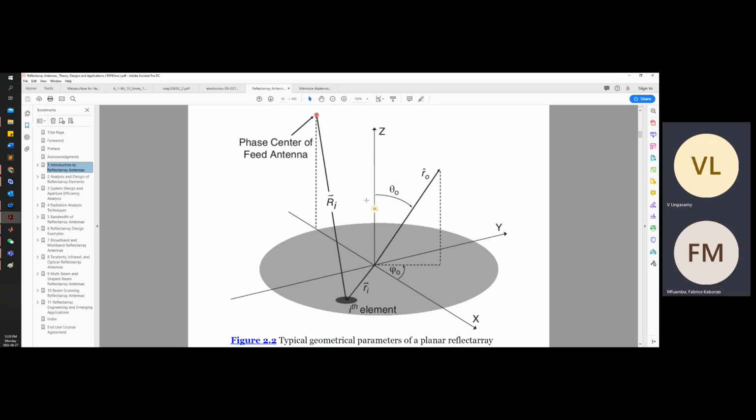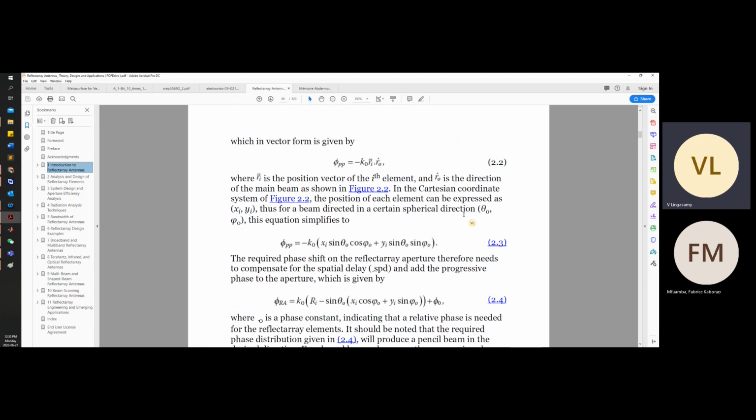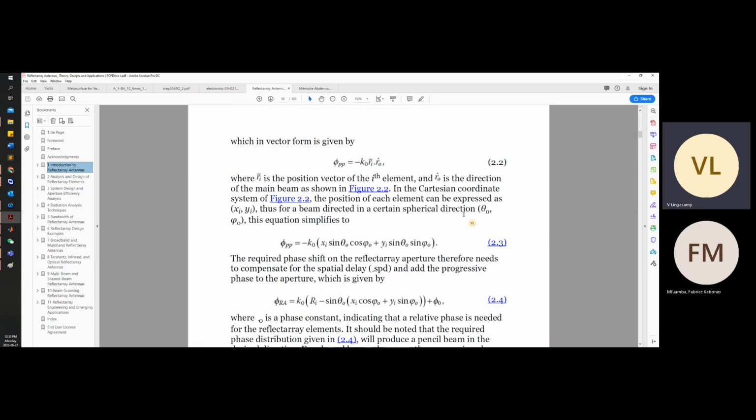And this is the beam direction that we are projecting. With respect to theta naught, which direction I'm projecting the beam, or with respect to phi naught, with respect to xy, which direction? It is a kind of three-dimensional view. So let me go back to here. Now I need to find out, for each position, what phase is to be compensated.